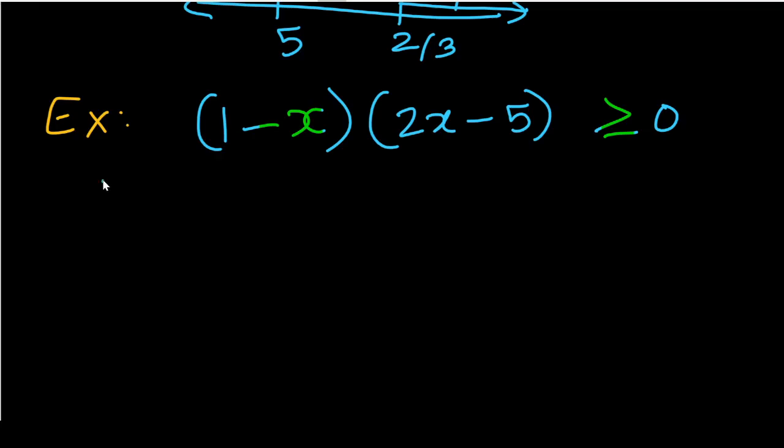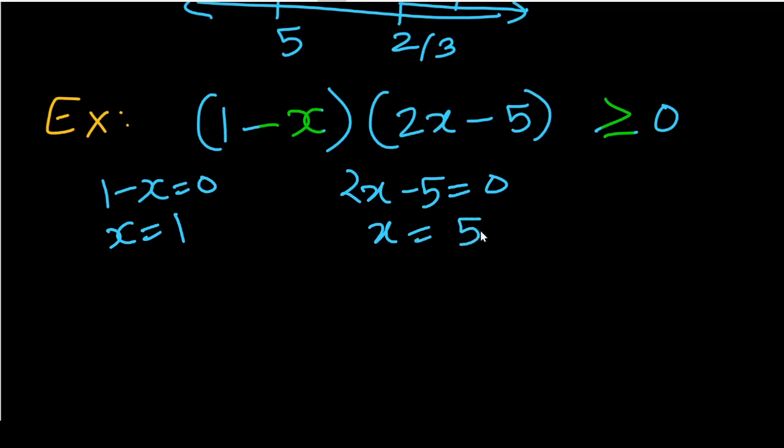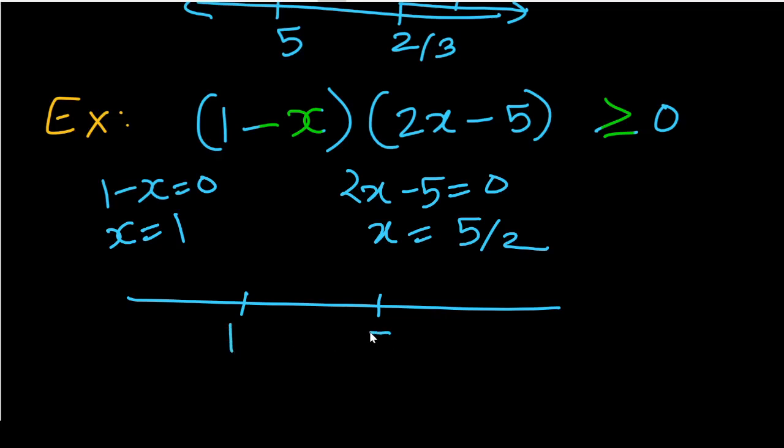Simply, you first get the points at which each linear factor vanishes, which is the first step that we always do, and then plot them: 1 and 5 by 2, with plus, minus, plus.